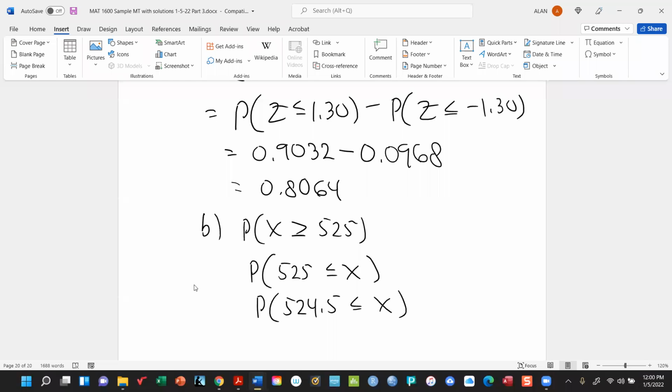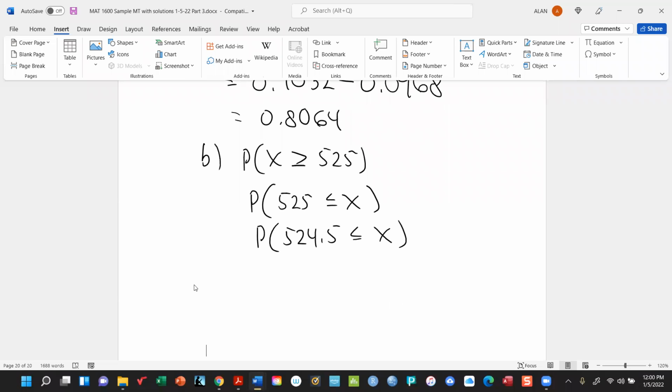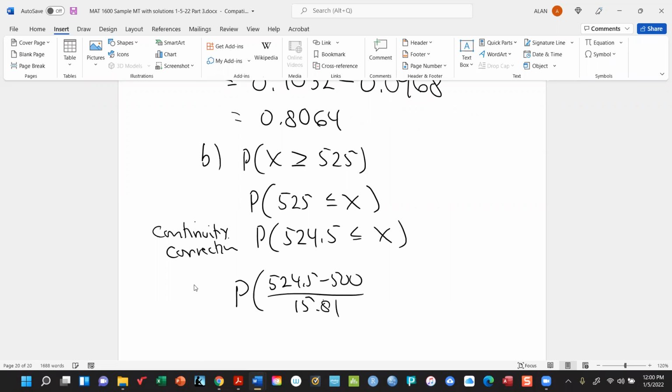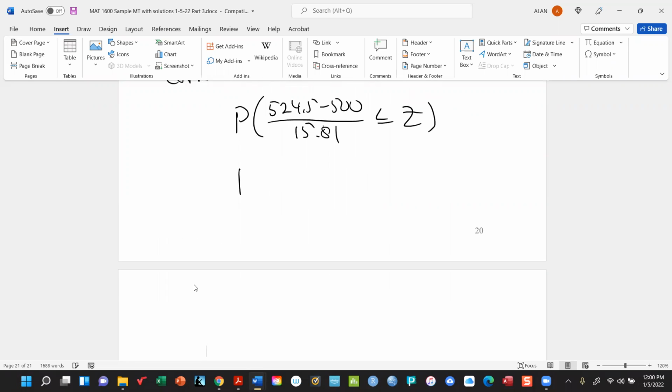And so with the continuity correction, and then like before, we're going to subtract 500 and divide by 15.81. So this one works out to be about 1.55.